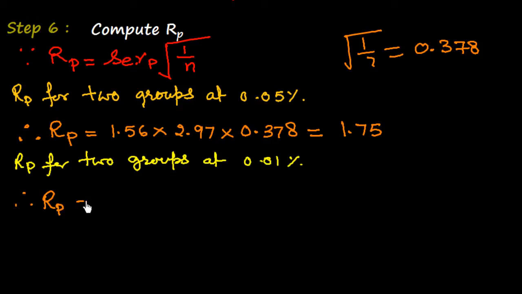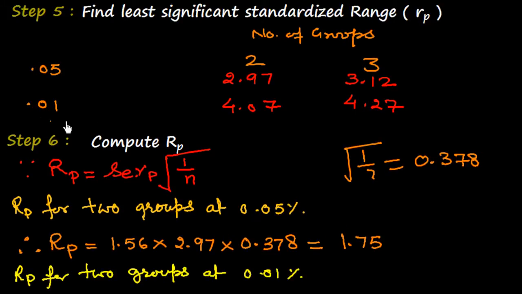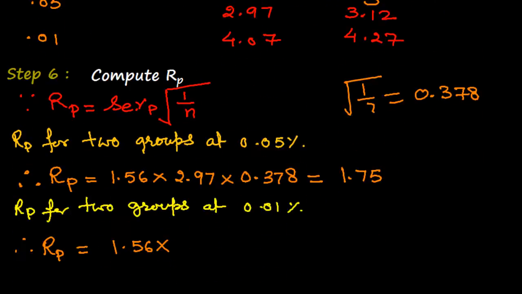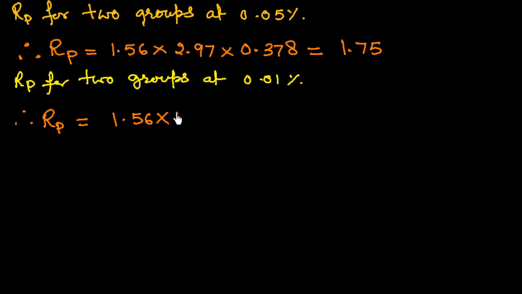RP is equal to 1.56, and at 1% for two groups the value is 4.07. We write down here 4.07 and 0.378. So finally we get here 2.40.